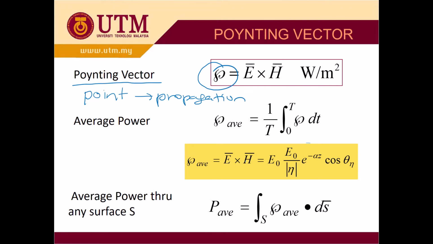Right, so the average power is what you obtain when we solve the integration of 1 over T, Poynting vector dt.